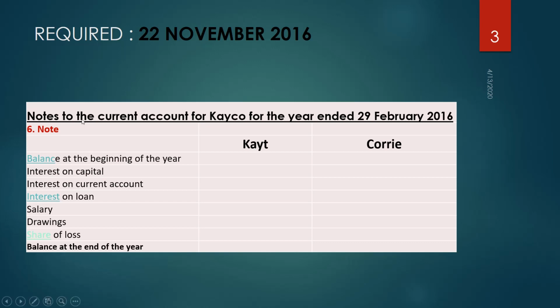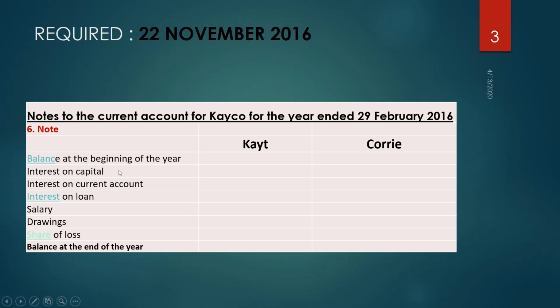We want to communicate to the users of the financial statements how we got this amount, which is referred to as the balance at the beginning of the year, to be different from the balance at the end of the year. So we'll take into account items that either reduced or increased the balance at the beginning of the year to arrive at the balance at the end of the year.